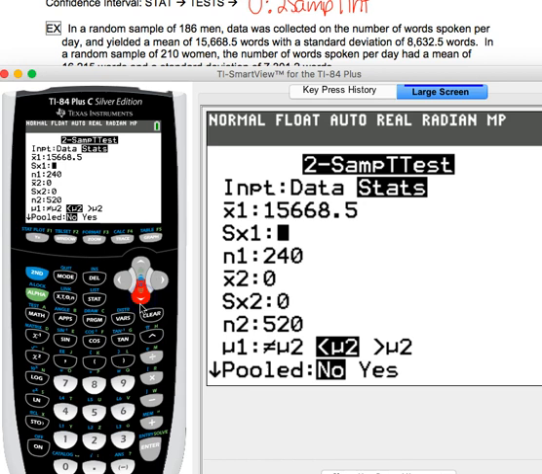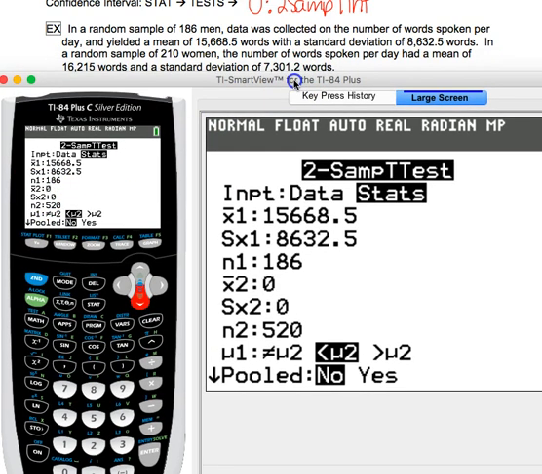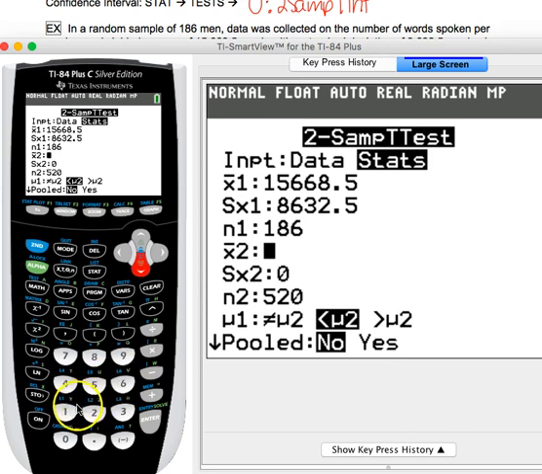Then standard deviation 1, 8,632.5. My sample size was 186. Then for our sample 2, the women, the mean was 16,215.